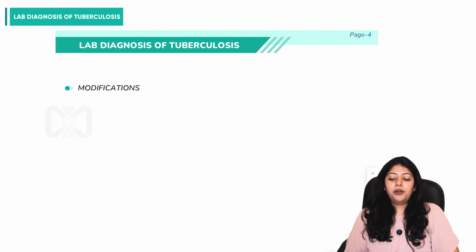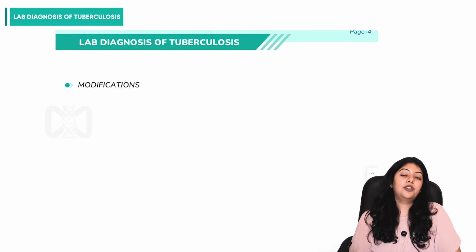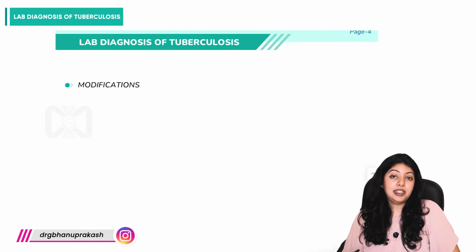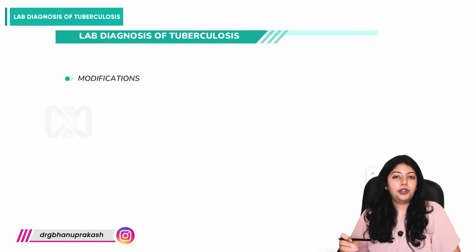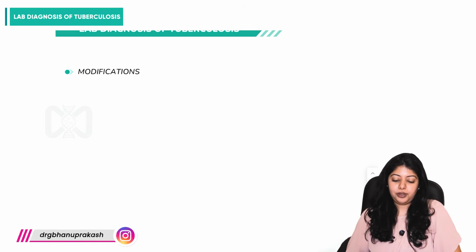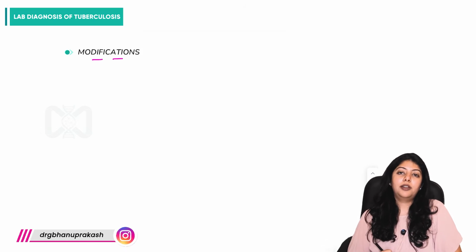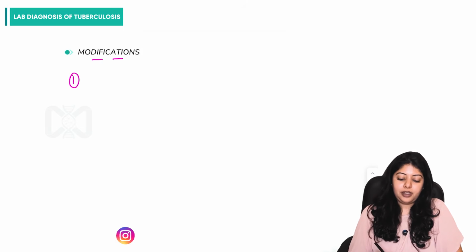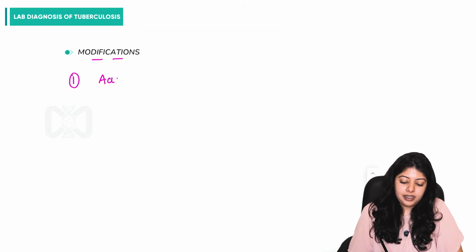Now let's talk about the other modifications which we use for the staining or different diagnosis or different purposes. So what are the modifications? Firstly, acid alcohol.